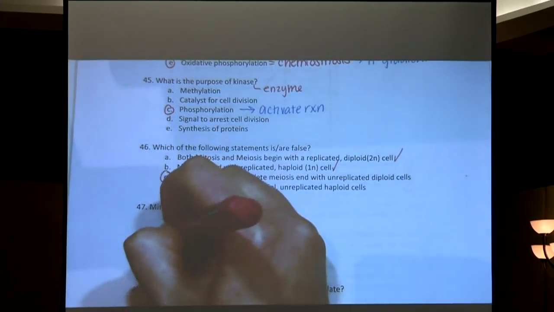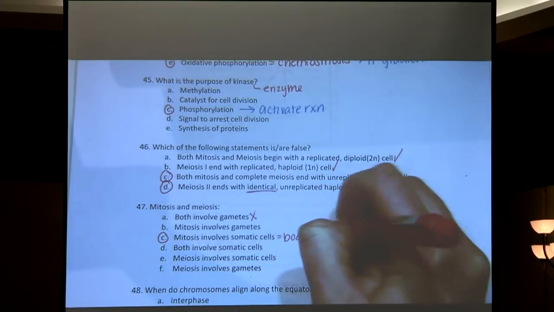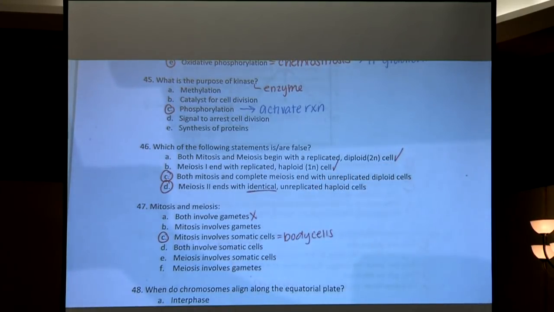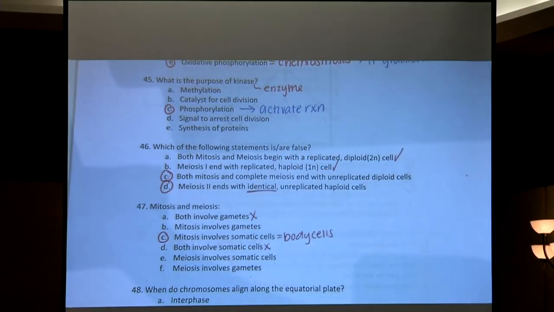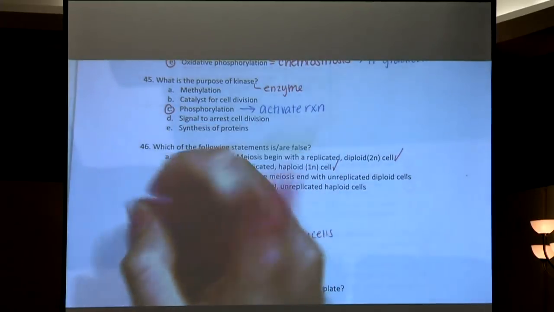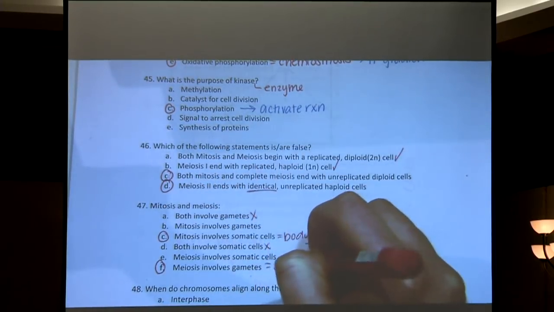Good. So somatic cells, these are also our body cells. So we know that mitosis involves somatic cells. Meiosis doesn't involve somatic cells, it involves gametes, which can be referred to as our sex cells.